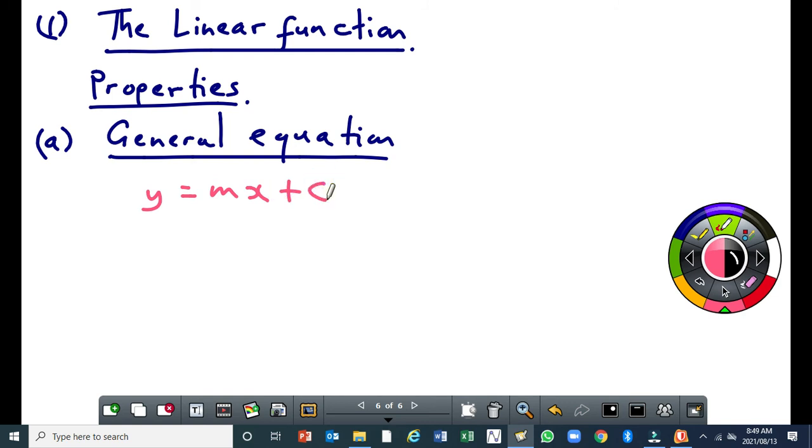Then B, let's define some of the things. So this is the general equation of the straight line, y equal to mx plus c.